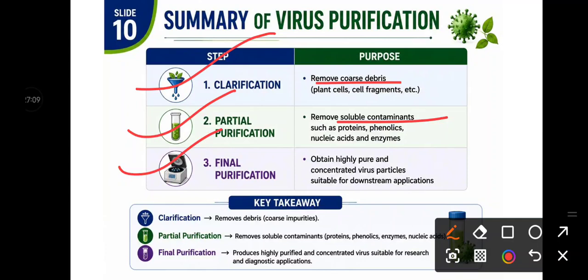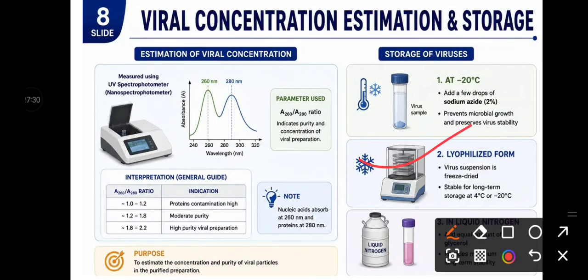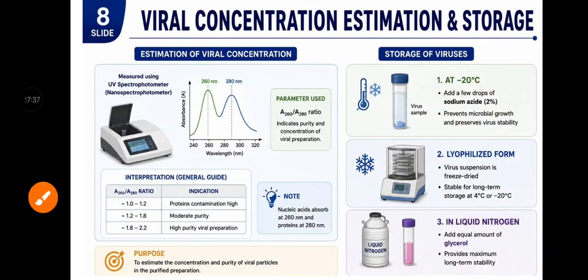These are then subjected to virus concentration as well as purity estimation using the nanospectrophotometer, that is by using the 260 by 280 ratio, and then stored either in lyophilized form, in liquid nitrogen, or at minus 20 degrees with 2% sodium azide. So this is all about virus isolation as well as purification and storage.